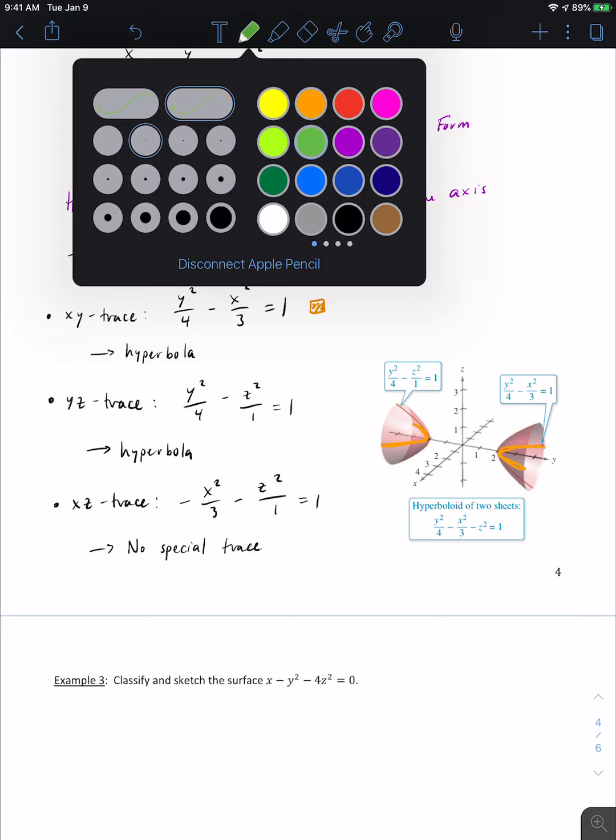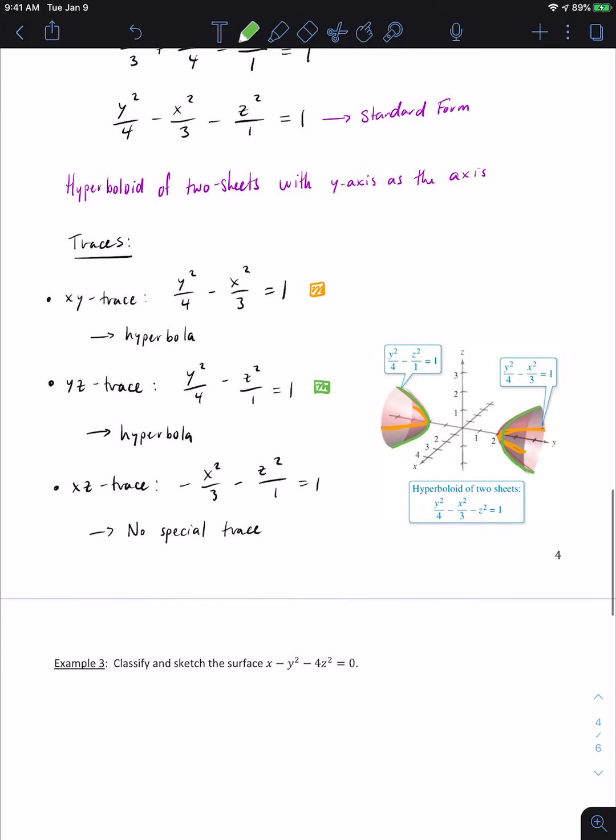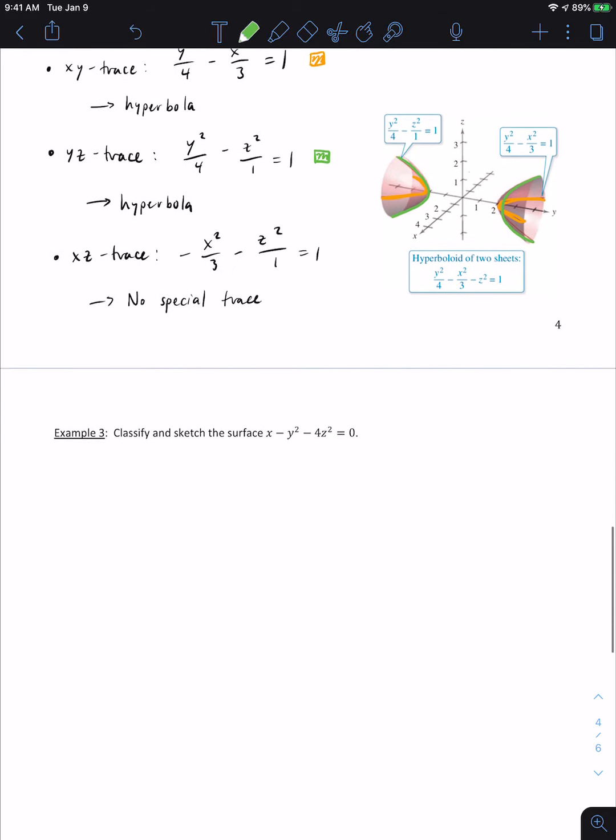And then if I were going to look at the YZ trace, we'll do it in green here, that would be this piece right here and this piece right here. And again, that's another hyperbola. And as you can see here, there's nothing going on in the XZ, no special trace.